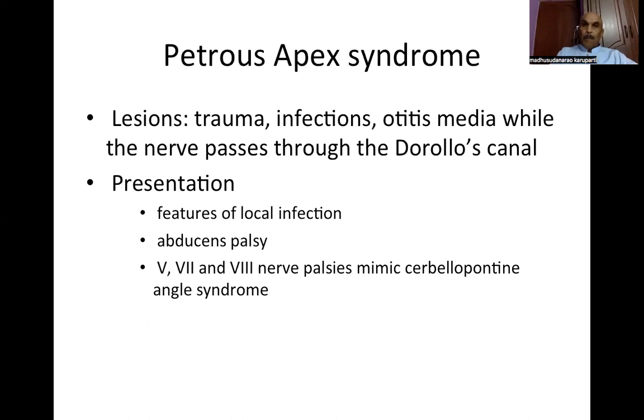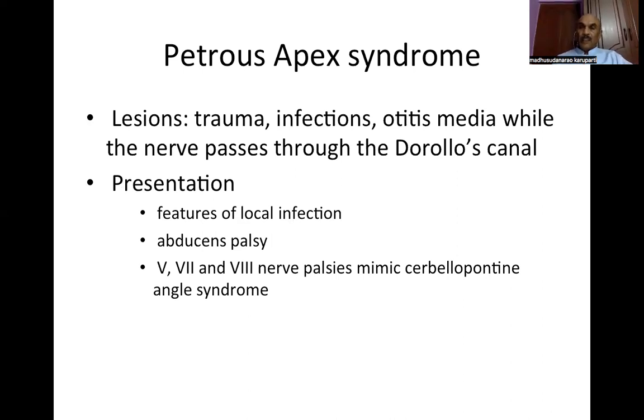Next is Petrous apex syndrome. The lesion could be trauma, could be infections, could be otitis media. The nerve is affected when it is passing through Dorello's canal. The presentation will be features of the local infection like otitis media and ipsilateral sixth nerve palsy. Sometimes there could be involvement of the ipsilateral trigeminal, facial, and vestibulocochlear nerves.